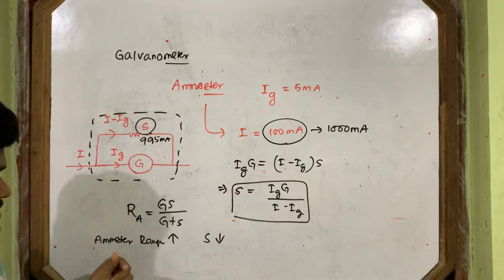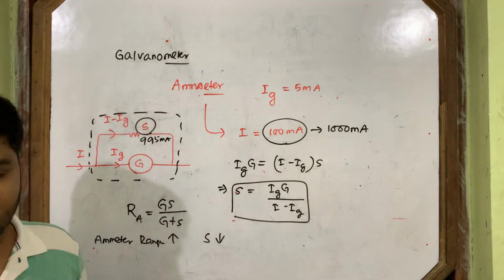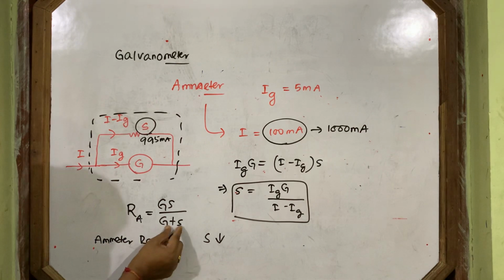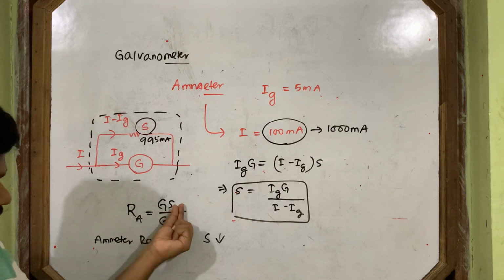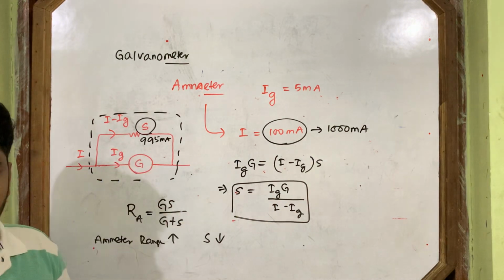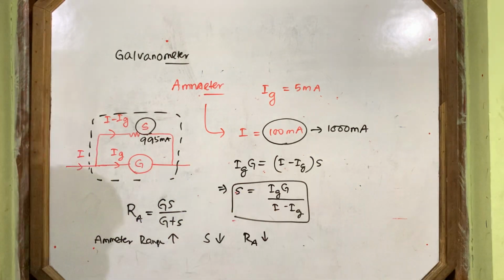If shunt decreases, what happens to the effective resistance of this ammeter? If S decreases, in addition the effect will be less, but in multiplication, if a small quantity is multiplied, it becomes even smaller. So the resistance of the ammeter will be small.